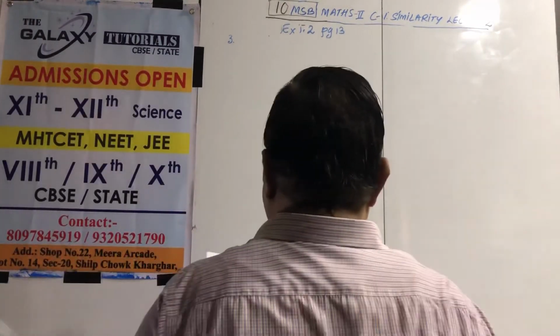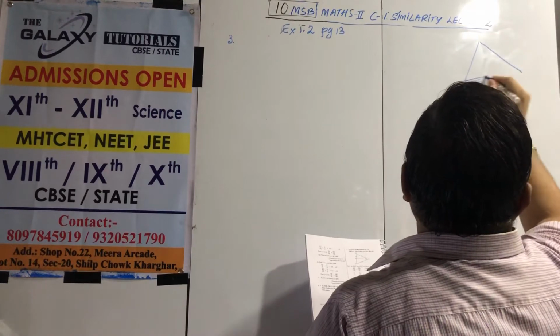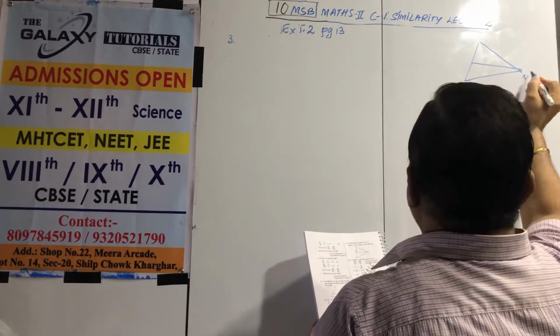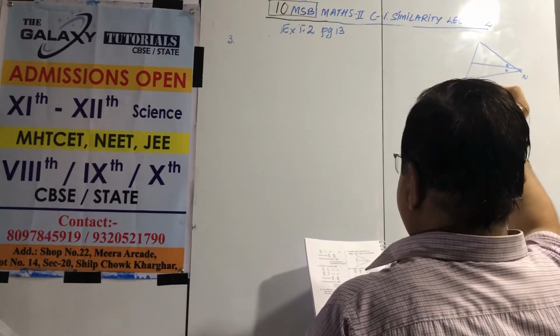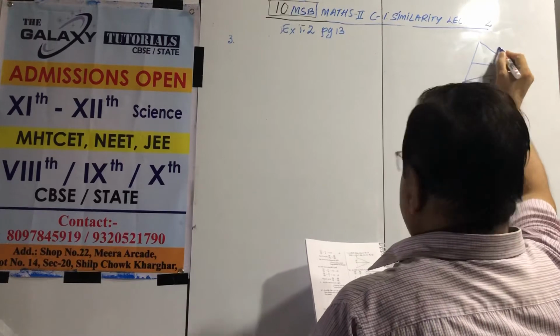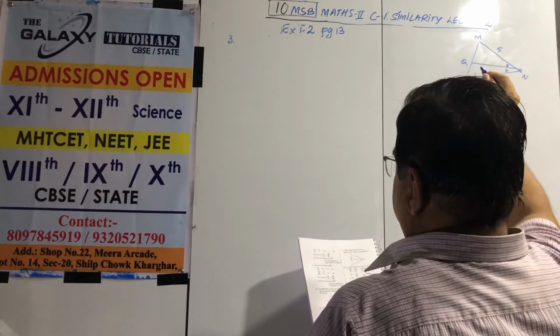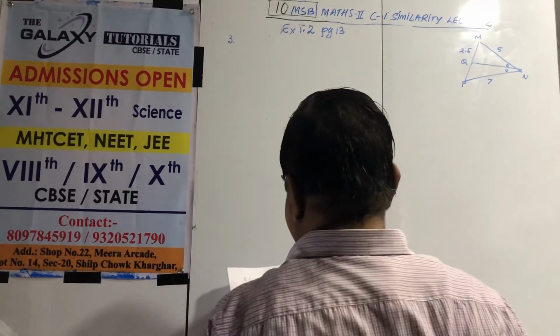Diagram is given for us, from the book. I have N, I'm told angle bisector, P, 7, 5, M, Q, and I'm told 2.5. This is what I have in my diagram.